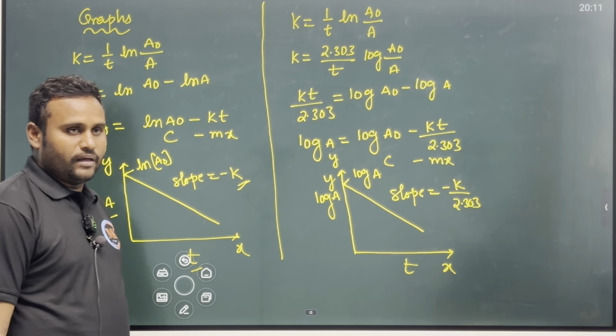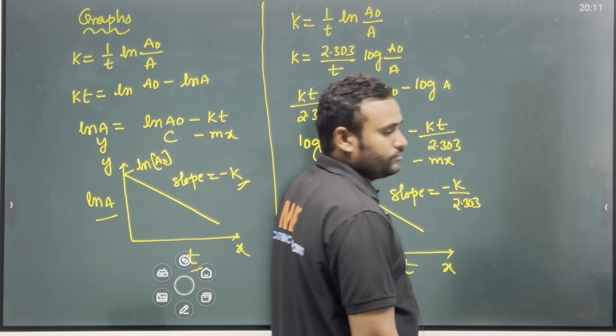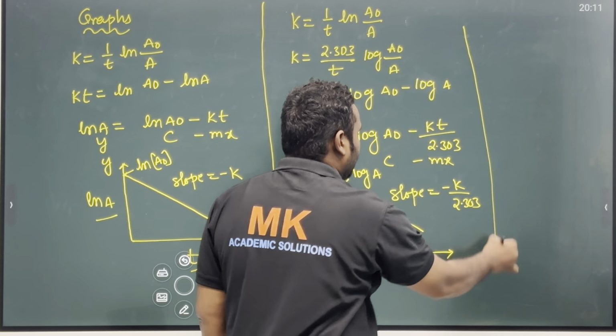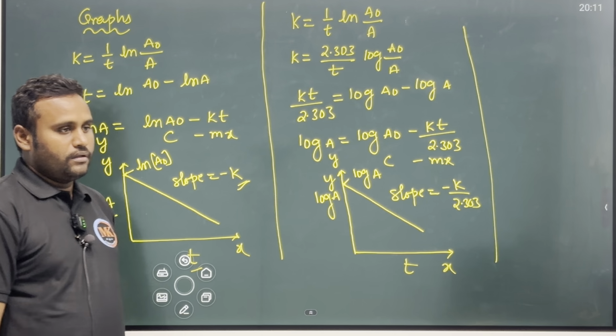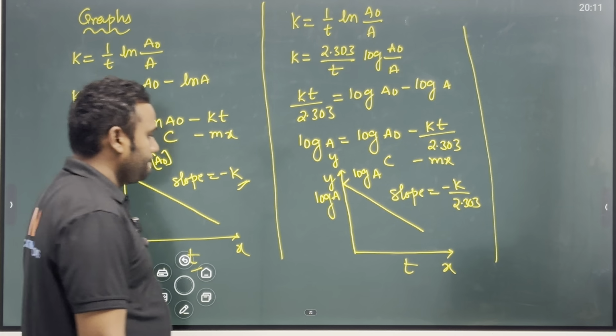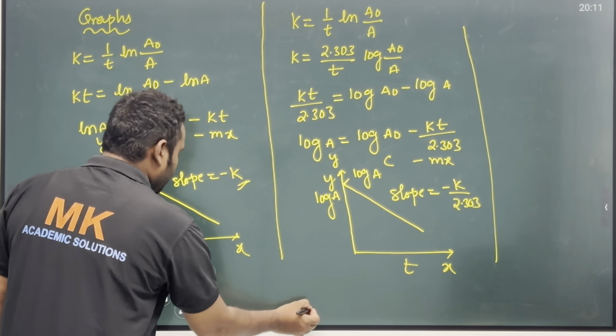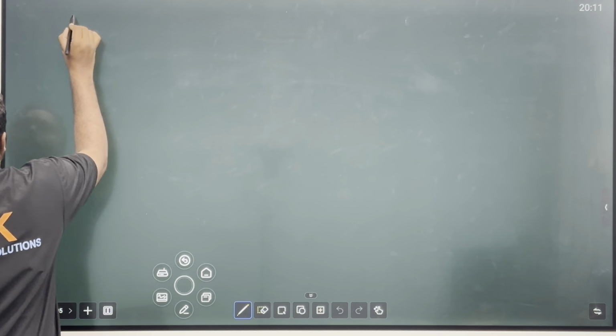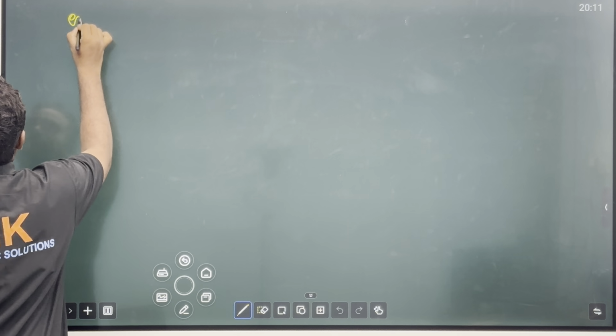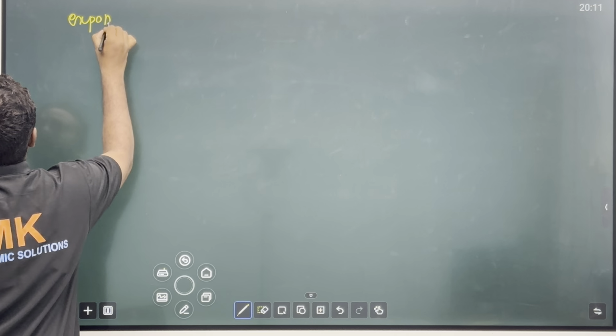Now let us see the graph in exponential form. We draw that graph on another page. What is the exponential form?